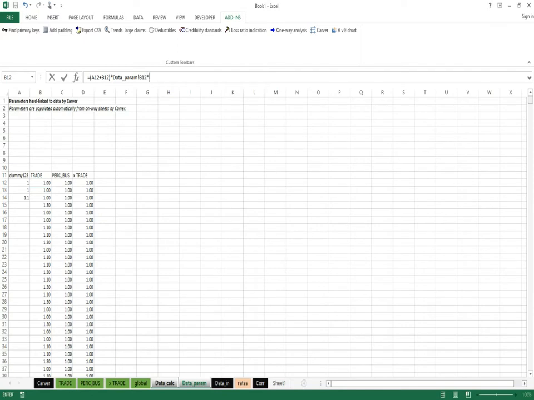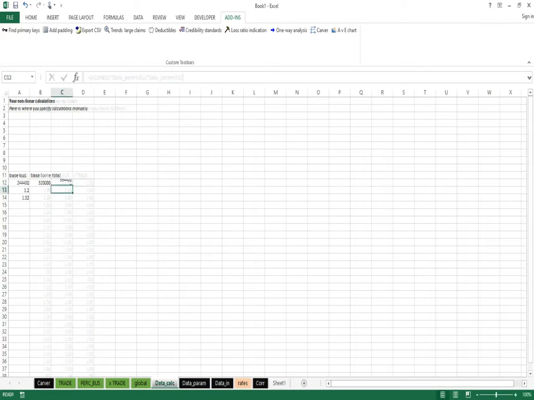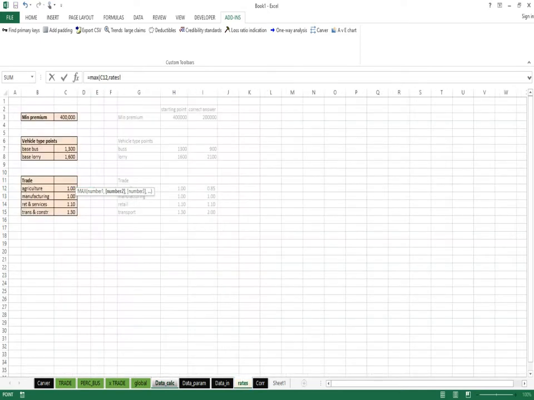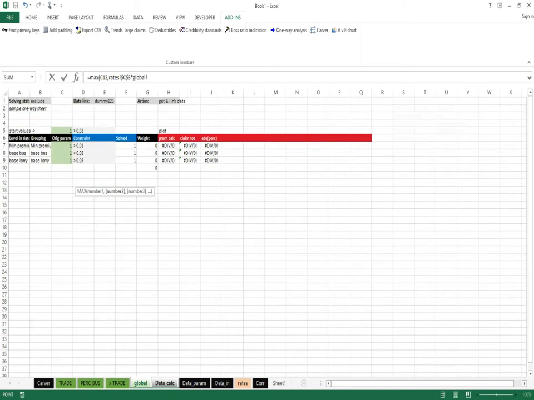So we'll use it, and then we'll also use the trade additional multiplier, which will be used when looking for the best model. Okay, so we defined base rate for buses, base for lorries, total, and then we need the minimum premium. So the premium is the maximum of the so far calculated premium and the minimum premium from the rates, multiplied by the additional factor which will be used in solving.